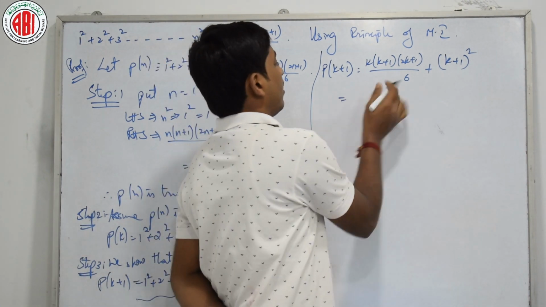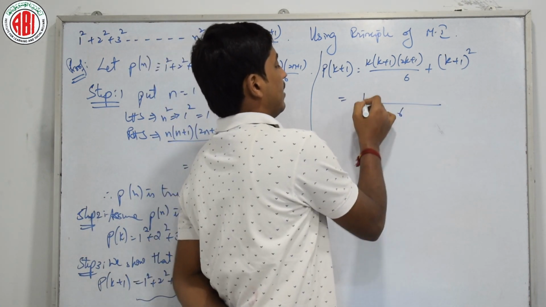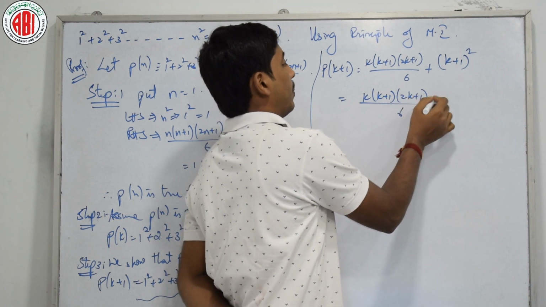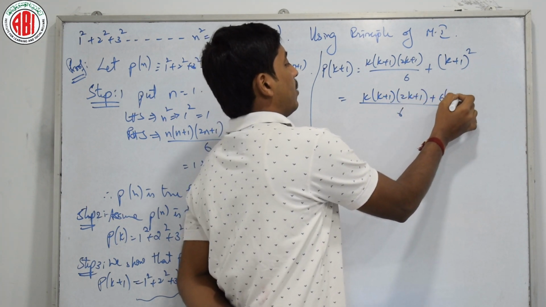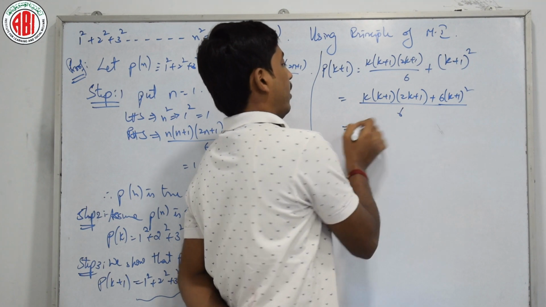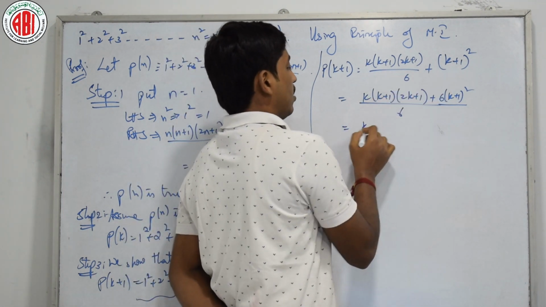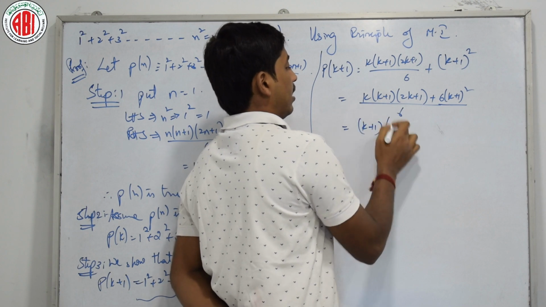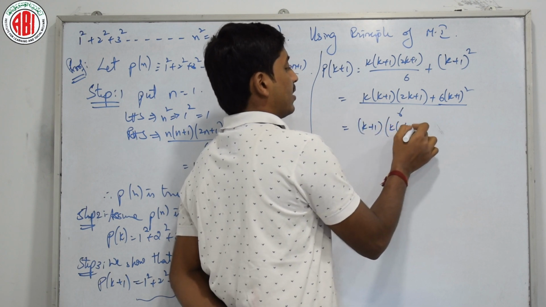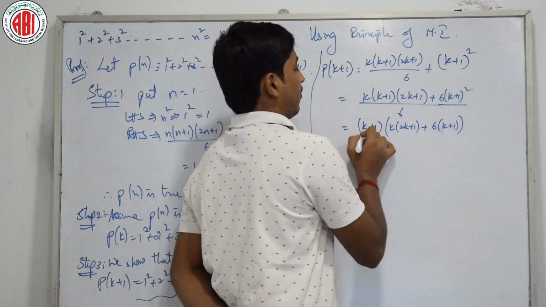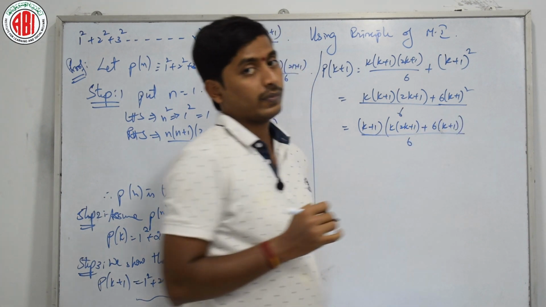Let us simplify this here. What is the LCM? 6 k into k plus 1 into 2k plus 1, plus 6 into k plus 1 whole square. And the next step will be, we have to take k plus 1 as common, then here k is left, 2k plus 1, plus 6 into k plus 1 is left, whole divided by 6. Is it right?